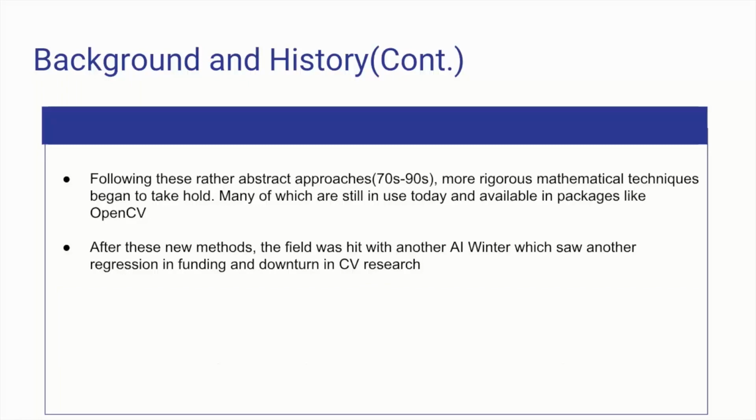And after these new methods, as seems to be a cyclical occurrence in the AI field, an AI winter came into being, which saw another regression in funding and another downturn in computer vision, and more generally artificial intelligence research.